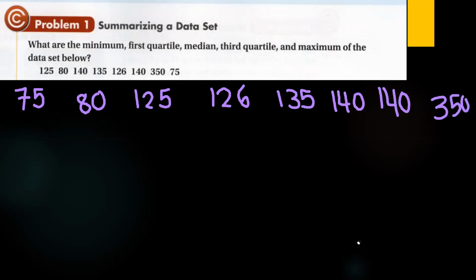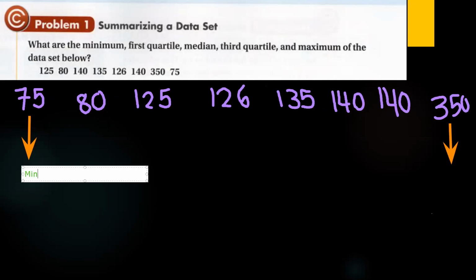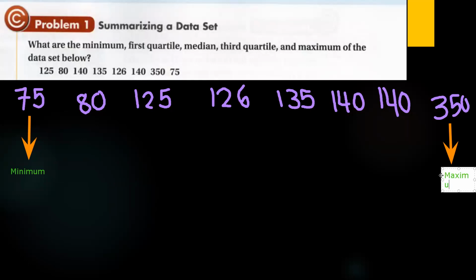Where's the minimum value? This one, 75. And where's the maximum? This is the maximum, 350. So we found it now. This is the minimum, and this here is the maximum. This is the first step.